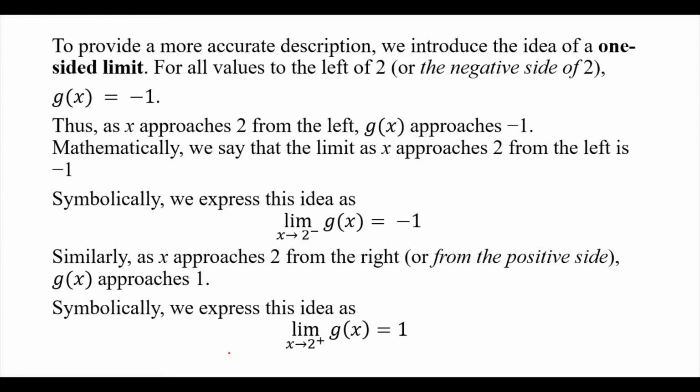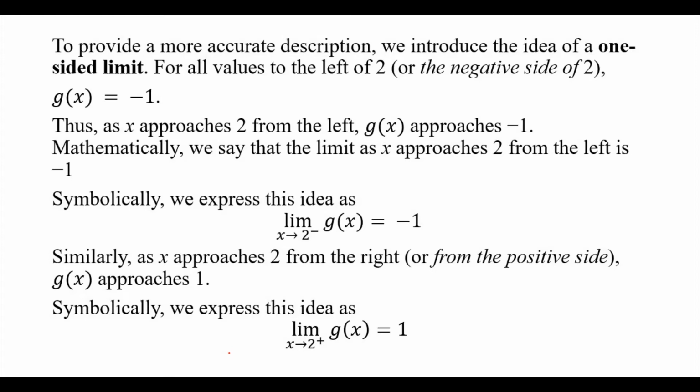So we say for all the values to the left of 2, or less than 2, or the negative side of 2, we find that g of x approaches negative 1. That is, when x approaches 2 from below, the limit of g of x is equal to negative 1. Thus, as x approaches 2 from the left, g of x approaches negative 1. Mathematically, we say that the limit as x approaches 2 from the left or from below is negative 1.